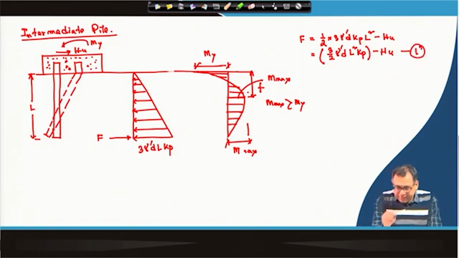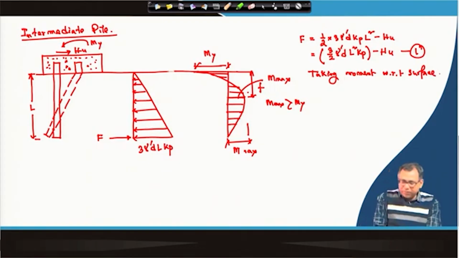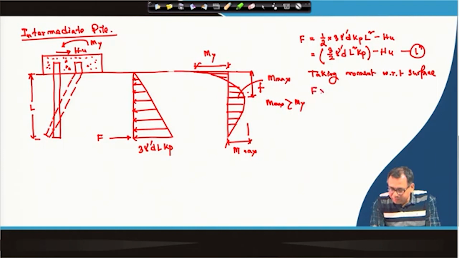Now, this yield moment will be at the top. So, taking moment with respect to the surface. What will be that moment? F is acting, so F into L length, minus this contribution. H u will not be considered because it is also acting at the surface.